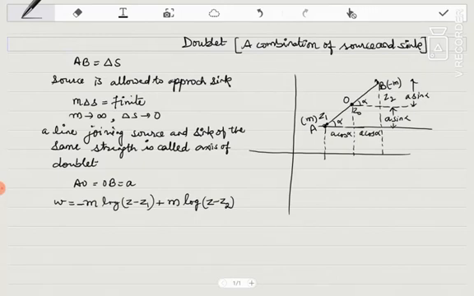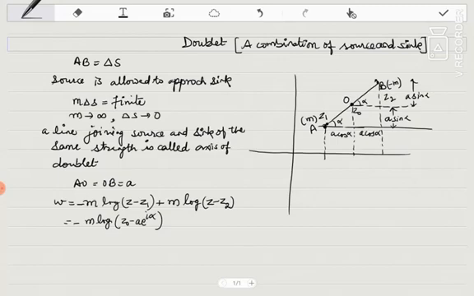Now I would write the values of Z1 and Z2. At this point Z1, I may write minus M log (Z0 minus A e raised to the power I alpha).